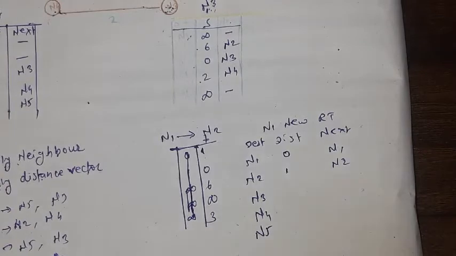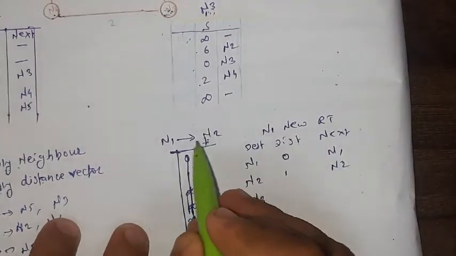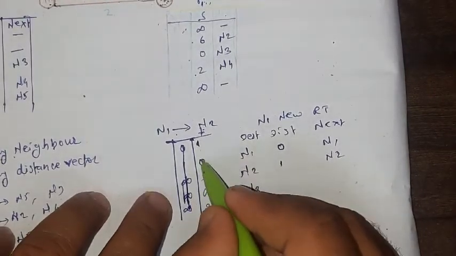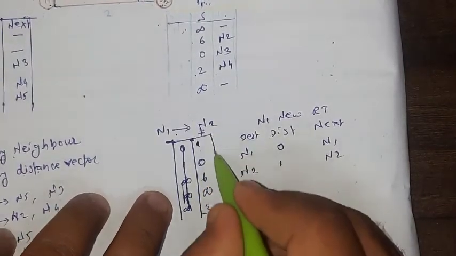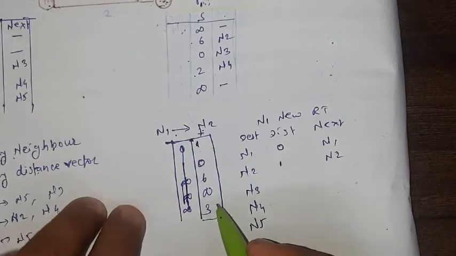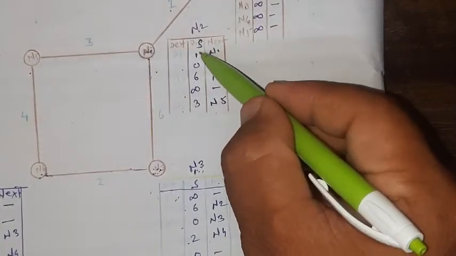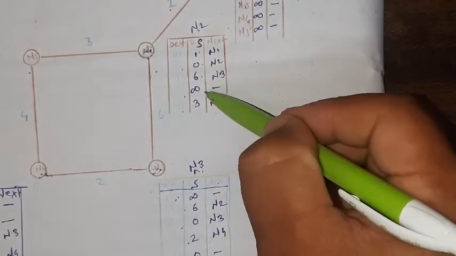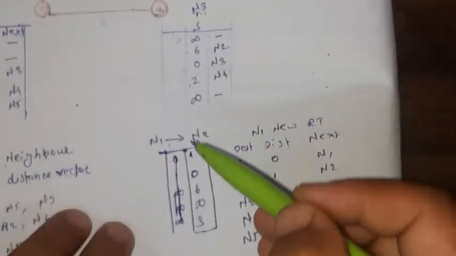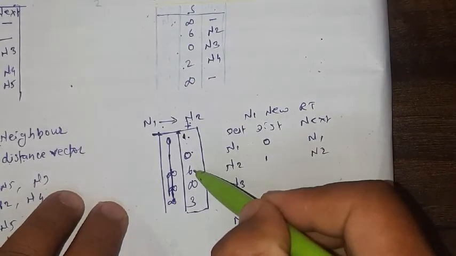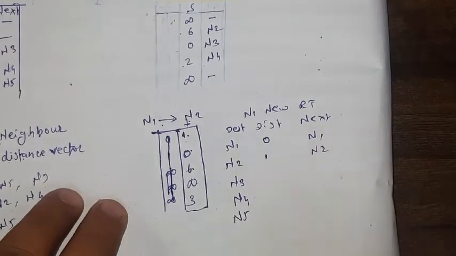Okay, so we'll take an example here. Suppose n1 to n2, so here we have the distance vector of n2. The distance vector of n2 is 1, 0, 6, infinity and 3. So we keep it as it is, 1, 0, 6, infinity and 3.